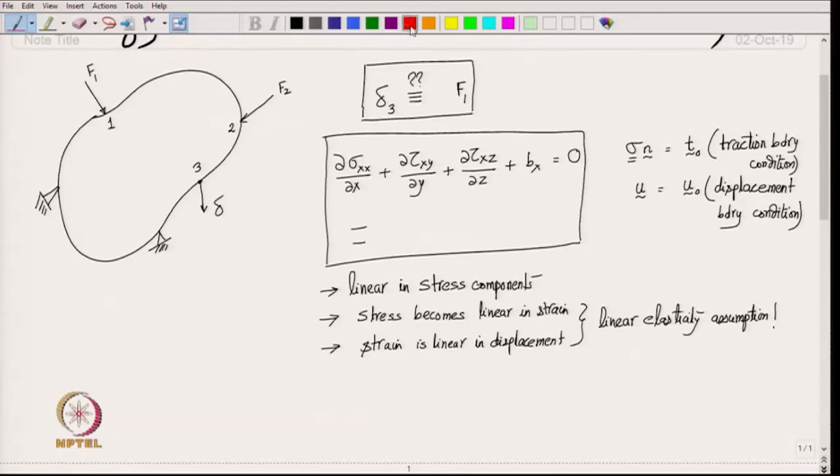Similarly, look at the boundary condition, you have sigma times n, and sigma again is linear in strain and strain is linear in displacement. So, everything here, that means equations and boundary conditions are all linear in the unknown displacement.